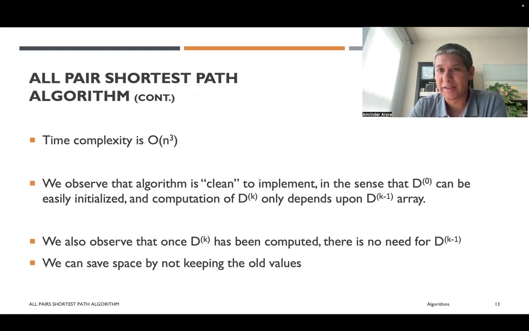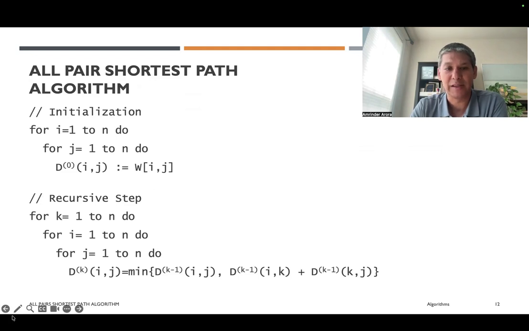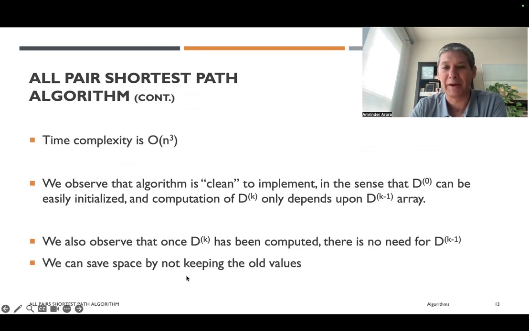In the sense that d^0 is initialized very easily, and d^k only depends upon d^{k-1}. If you see here, d^k only depends upon d^{k-1}. So therefore, you don't really need to keep all the previous d^k values. In fact, you can use only one if you're careful, but otherwise you can just use two, only keep the last one.